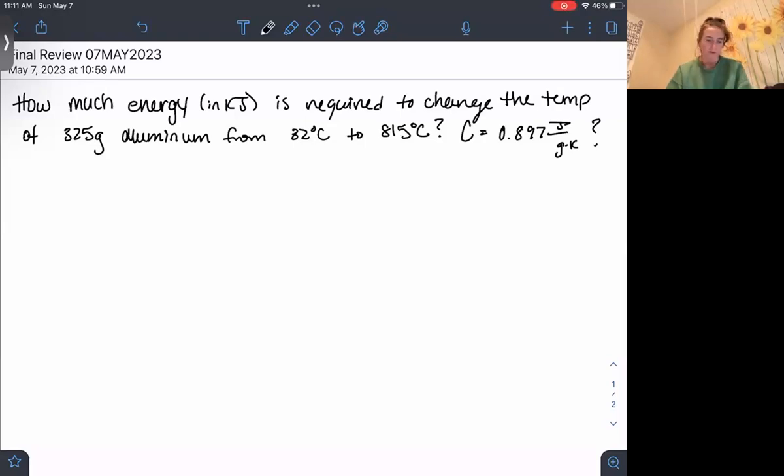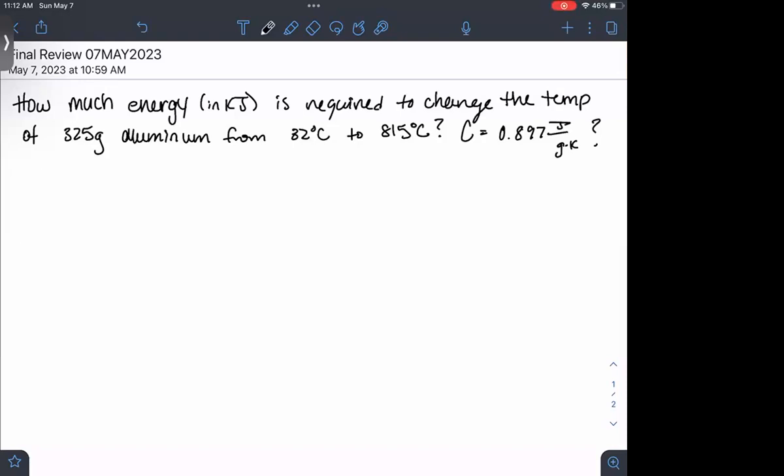Okay, so for this question, we have: how much energy in kilojoules is required to change the temperature of 325 grams of aluminum from 32 degrees Celsius to 815 degrees Celsius? And our specific heat is 0.897 joules per gram per Kelvin. Okay, so can anyone tell me what topic or general idea this would fall under?